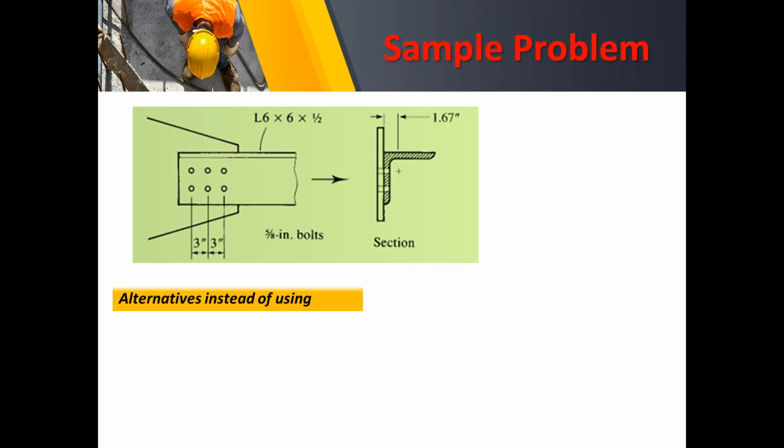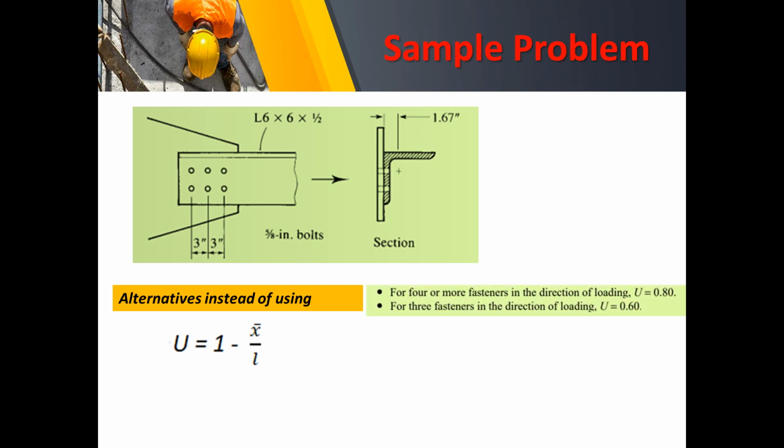So applying now the alternative that was presented a while ago, we have here for 4 or more fasteners in the direction of loading, we use 0.8. For 3 fasteners in the direction of the loading, we use 0.6 as a reduction factor. In this case, we actually have 3 rows of fasteners in the direction of loading.